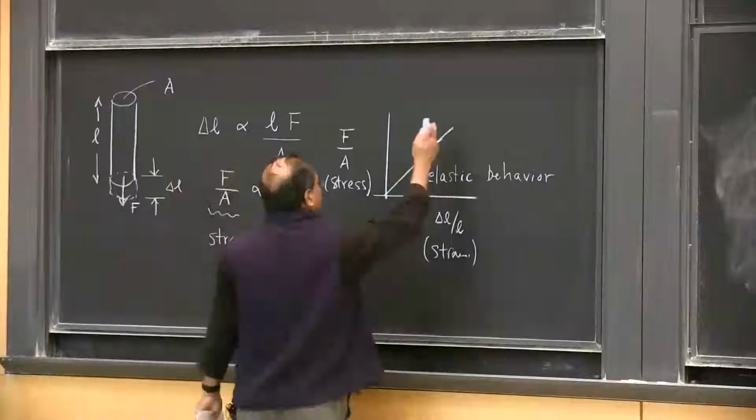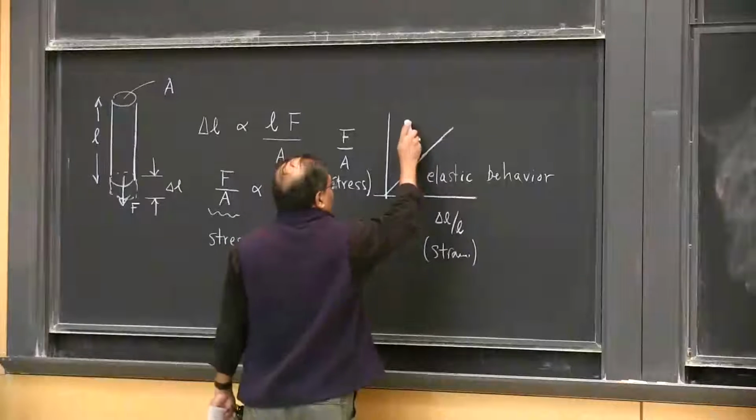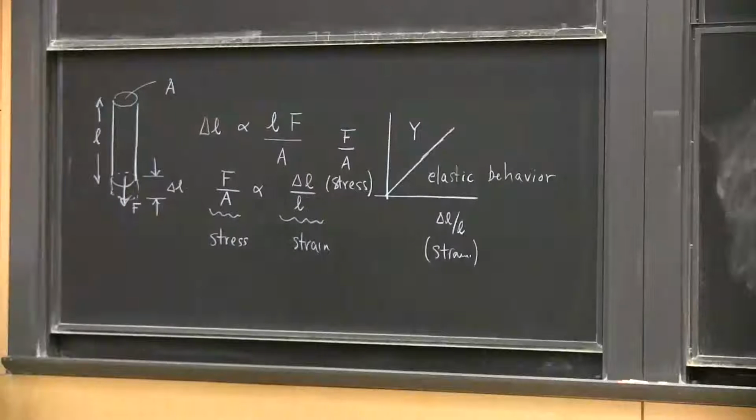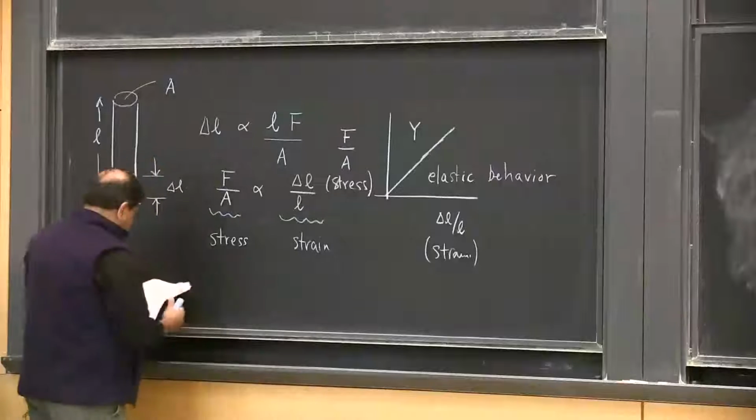Now, if you calculate the slope, one normally writes it as Y, which is a special name.